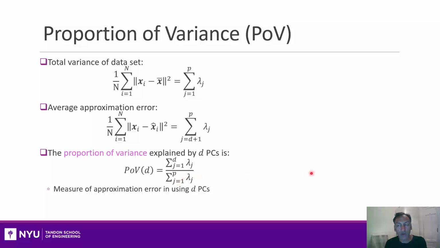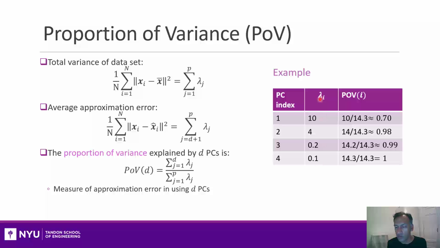Okay, that was a lot of formulas, so let me just walk you through a simple example. Suppose I had a data set, say, in 4 dimensions. Typically you have much more, but I'm just going to make this simple. And the eigenvalues were like this after you sort them.